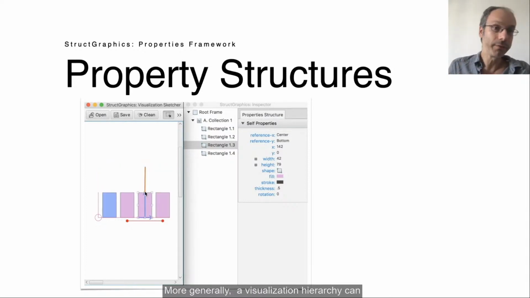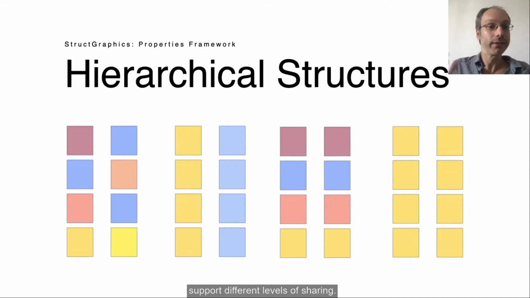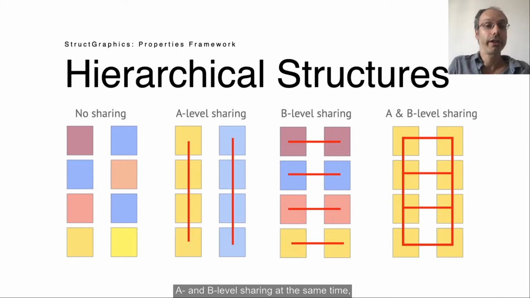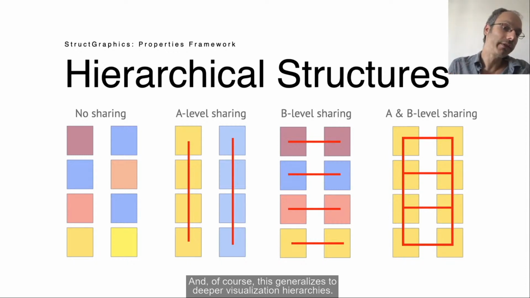Now, more generally, a visualization hierarchy can support different levels of sharing, for example, no sharing at all, A-level sharing, B-level sharing, A and B level sharing at the same time, where A and B here refer to the level of nesting, and of course this generalizes to deeper visualization hierarchies.